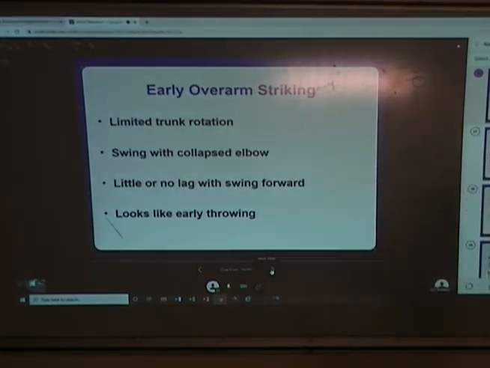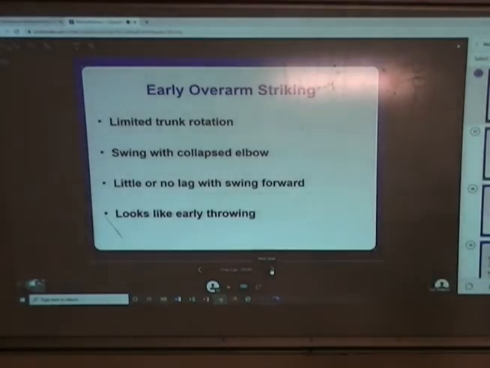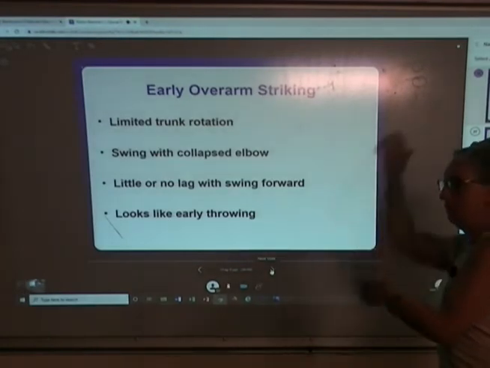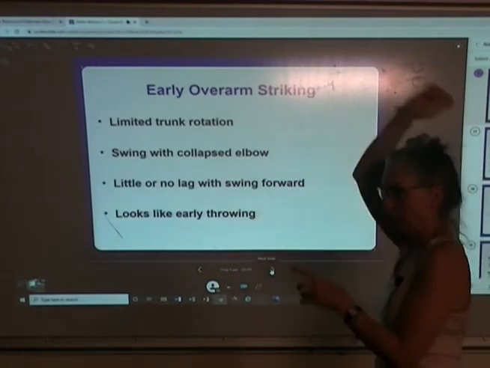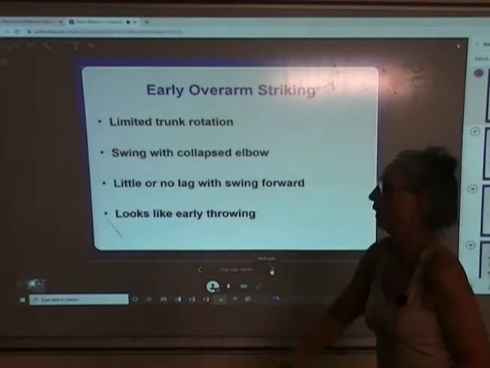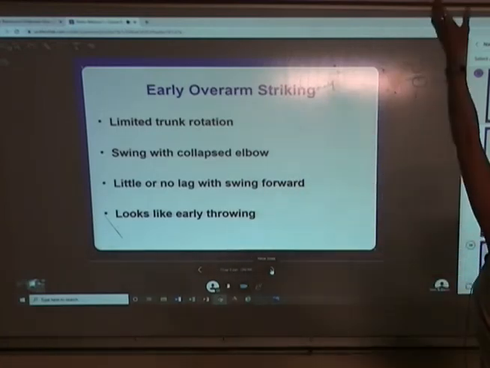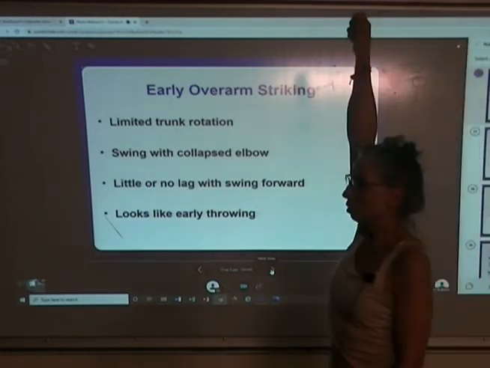They're also looking for some kind of lag in the forearm, and again it looks maybe a little bit like early throwing, so we might see some chopping type actions instead of a throw and a reach.